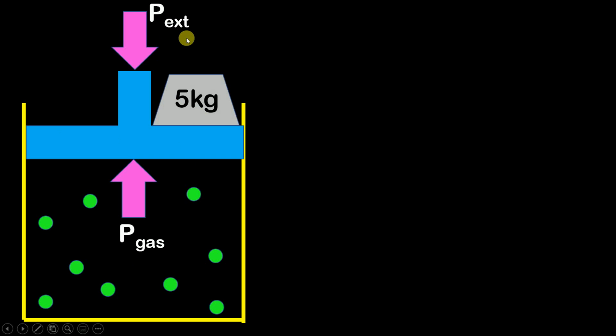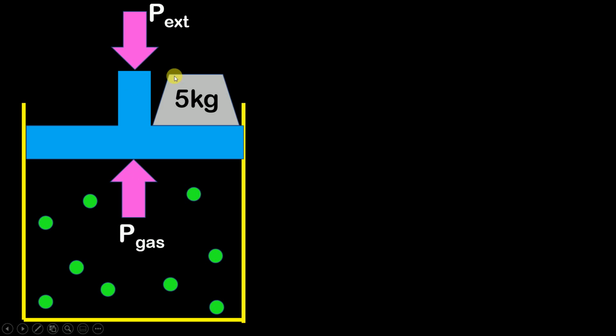Now what we do is that we add a 5 kg mass. So when you add a 5 kg mass on this piston, what is going to happen? Obviously the external pressure is going to increase. Am I right? And because the external pressure increases, now this external pressure will push the piston downwards.